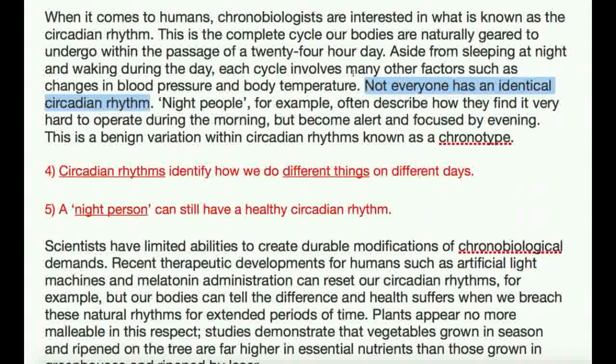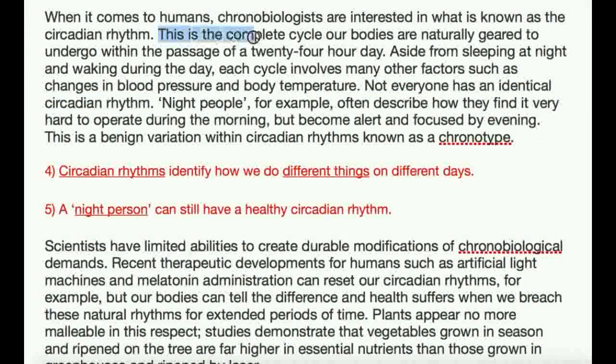So people have different circadian rhythms. That could make you think that's this. But this is not to do with different people having different circadian rhythms. It's how we do different things on different days. So you have to be careful. This is not connected, but it might make you think it's connected to being different.